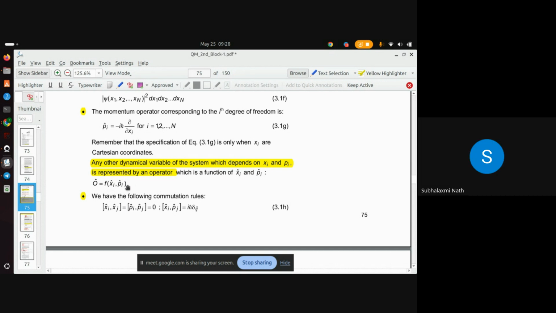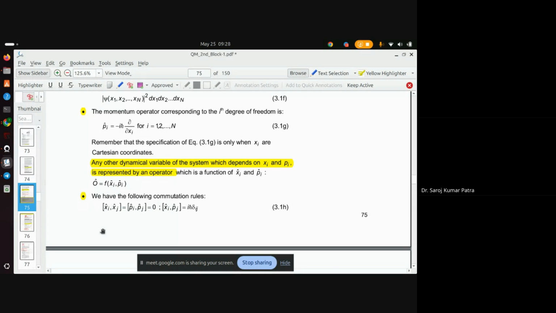That's it. And we have the following. This is obvious, stating that position and momentum are canonical. That means the commutator of x_i, x_j and the commutator of p_i, p_j are zero, but the commutator of x_i, p_j is i h cross delta_ij.